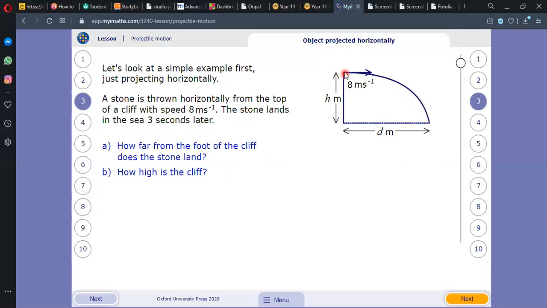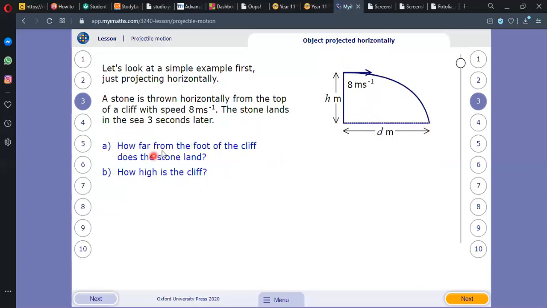This is the height from which it was thrown, and then it landed right here. So your h in meters here is the height from which it was thrown, and then your d right here is the horizontal distance covered. Of course, there is also a vertical distance covered when it was actually dropping down.